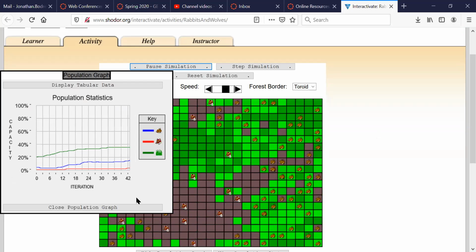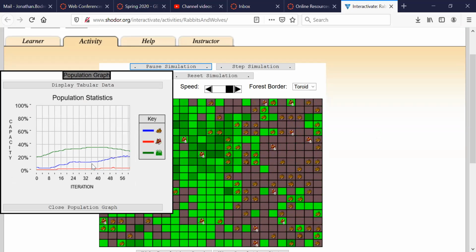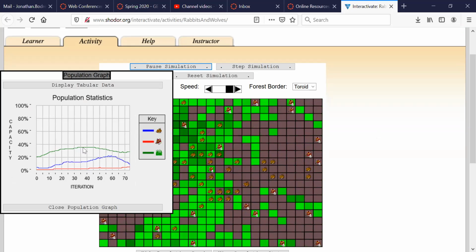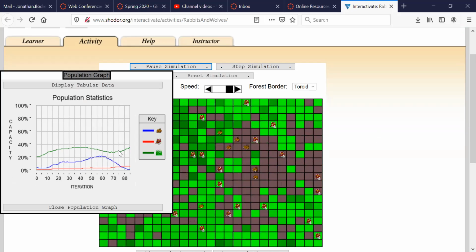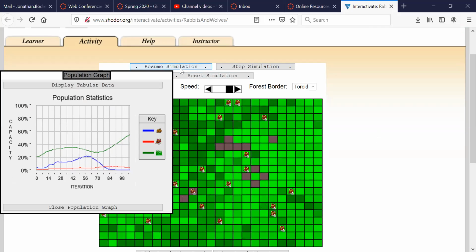So you'll see the red is the foxes, the blue is the rabbits, and the green is the grass. And as time goes on, each period, whoa, look at that. So the foxes started to grow, and in fact the bunnies tailed off.